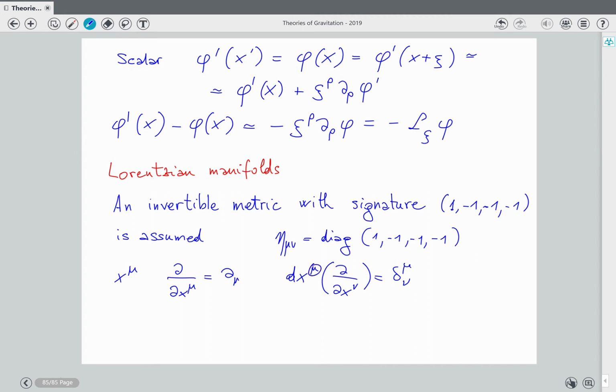Now we have to keep track of upper and lower indices. This you see is an upper index for x, but it is in the denominator, so it becomes a lower index. Then we will have nabla, the ∇_μ ∂_ν, which we know defines the Christoffel symbols, and we will write them like that.